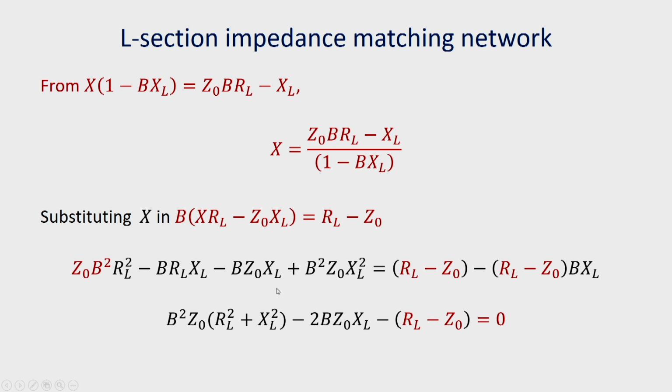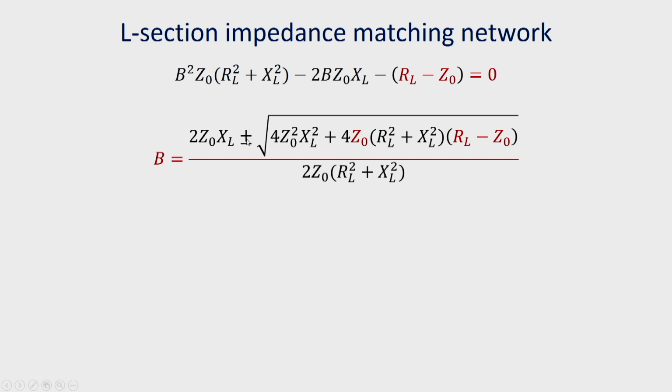Similarly, B Z naught XL is here, and from this side we will get another B Z naught XL, and finally, we will be left with this quadratic equation in B, which can be solved, and we can write the solution of B as 2 Z naught XL plus minus square root of 2 Z naught XL whole square plus 4 Z naught (RL square plus XL square) into (RL minus Z naught), and the entire term divided by 2 Z naught (RL square plus XL square). So, this can be further simplified.